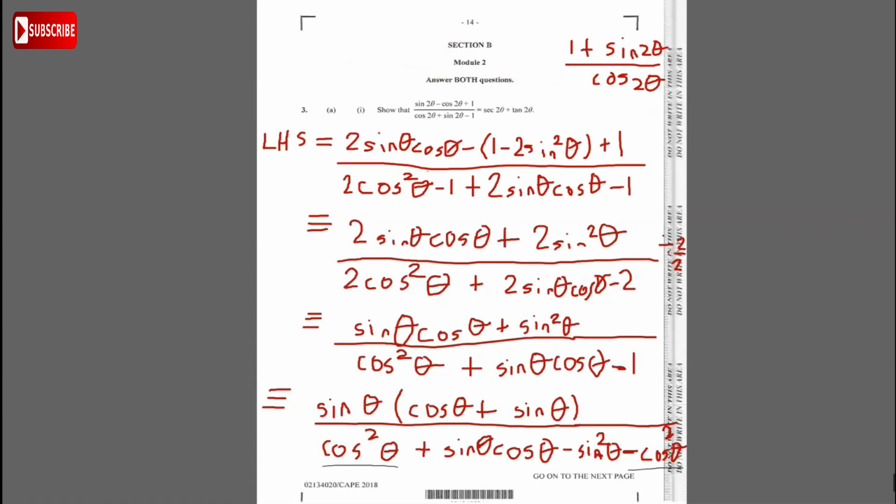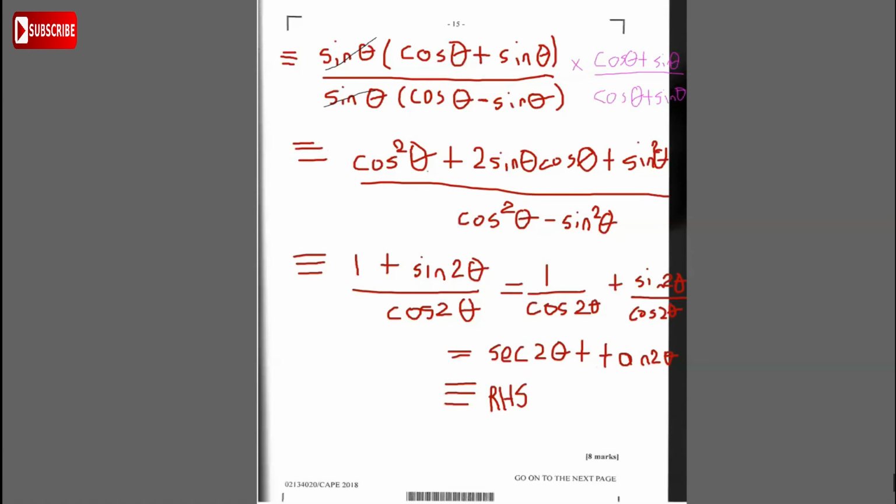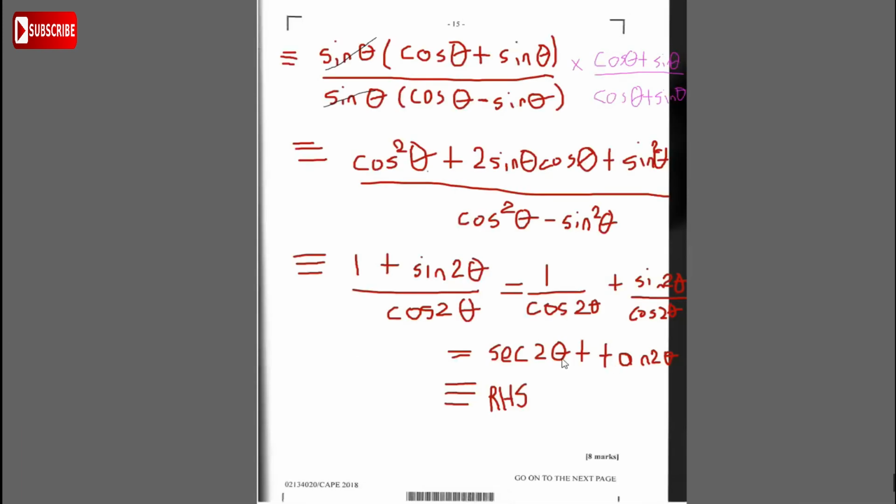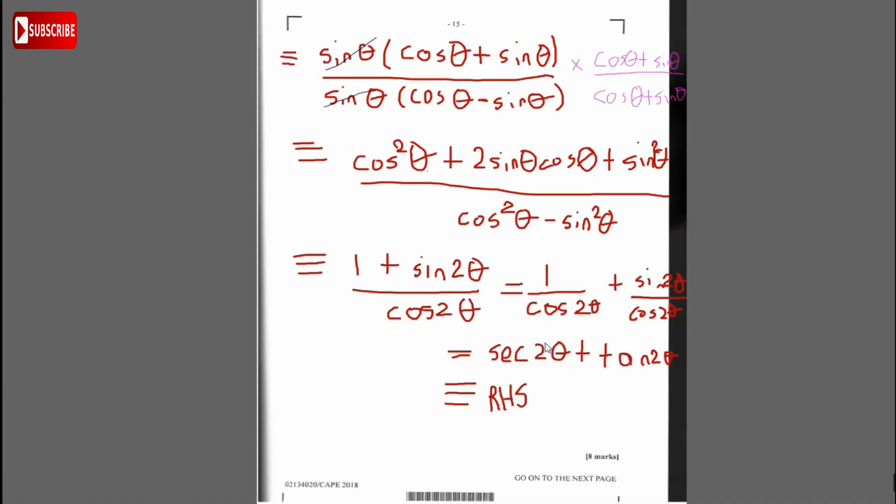All right. We may continue. It says hence, meaning using this result right here, we can solve that result equal to 0. So I'm going to go with hence. So going with hence, I'm going to be using this result that I got, sec 2 theta plus tan 2 theta equals 0.